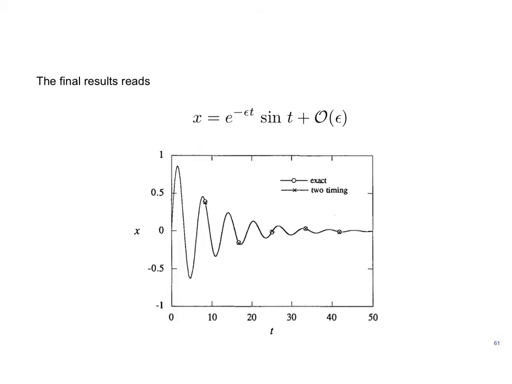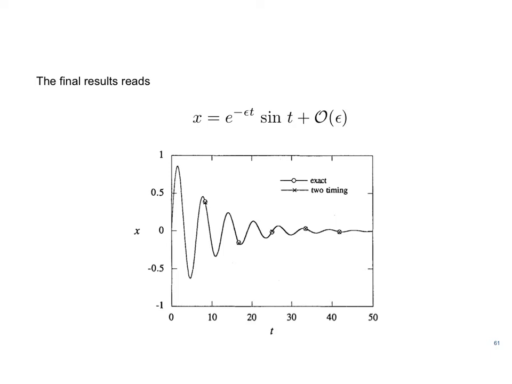Okay, and now we have here this comparison. This is something we just showed in the previous exercise with regular perturbation theory, and this is to show you that the zero order approximation, which is this one we just wrote down, matches very well the exact solution. Okay, so you remember for regular perturbation theory we had something that was actually growing until infinity.